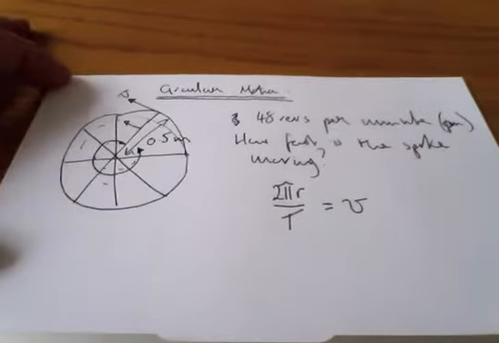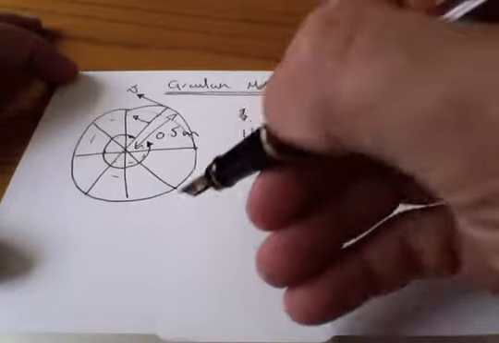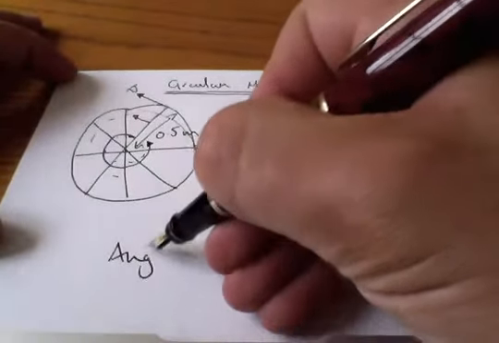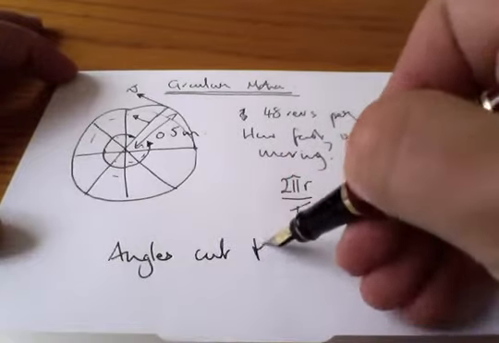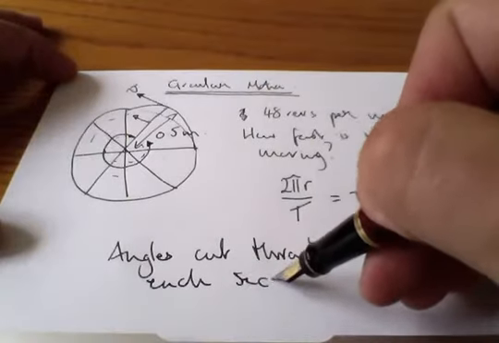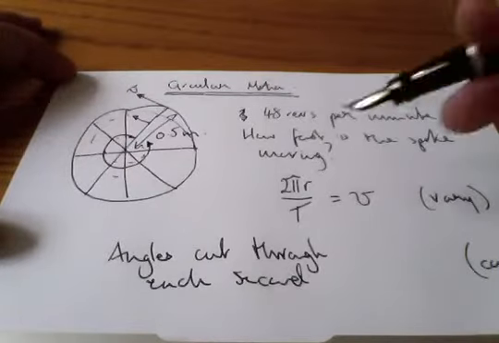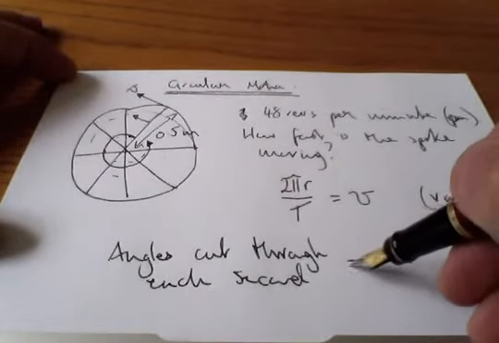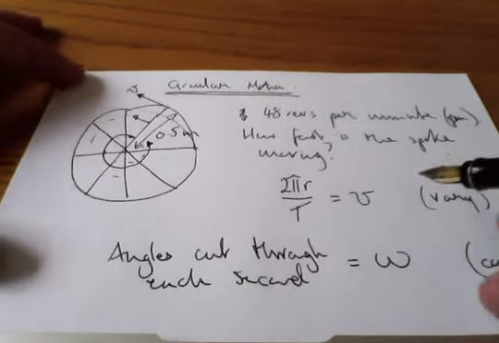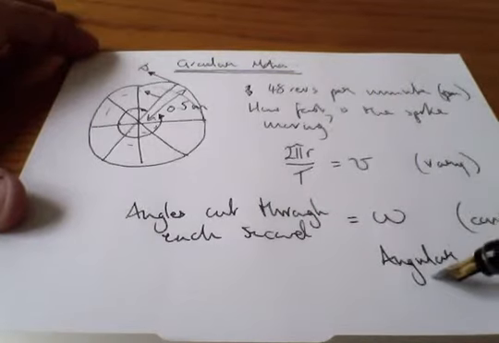So in other words, though this may vary, the number of angles cut through each second is going to be constant for every part of that one spoke in question. So therefore, let's try and work this out. And by the way, the number of angles cut through each second we call omega, or, if you like, the angular velocity.